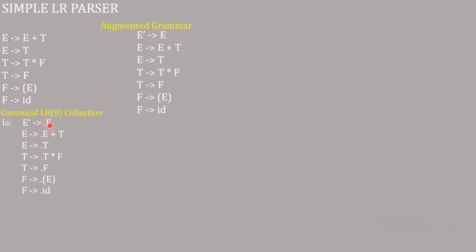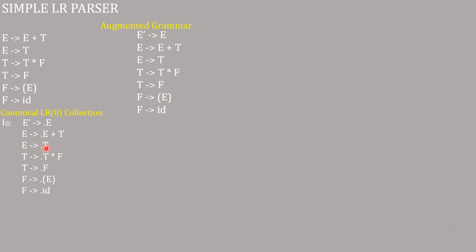Here after the dot we have E. So the productions for the E non-terminal should be included here. What are the productions? E tends to E plus T, then E tends to T. With both the productions we have to include the dot on the left of the right-hand side. So dot E plus T, dot T.